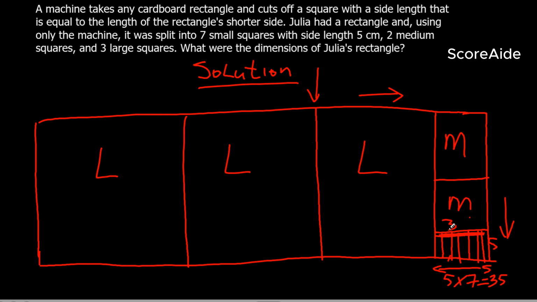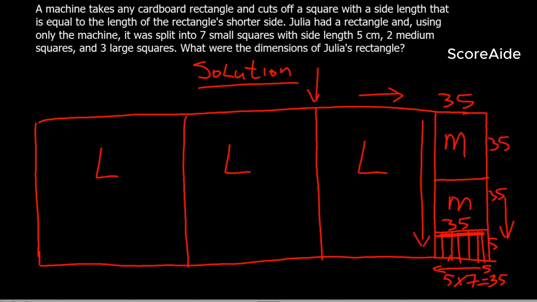So all of this is 35, and this one will be 35. It also will be 35. Since these are squares by definition, this is 35 by 35.